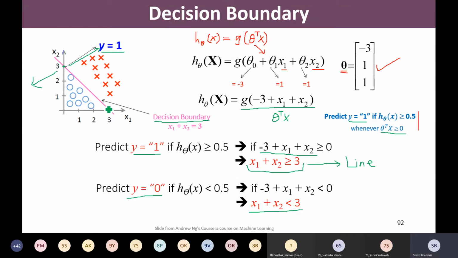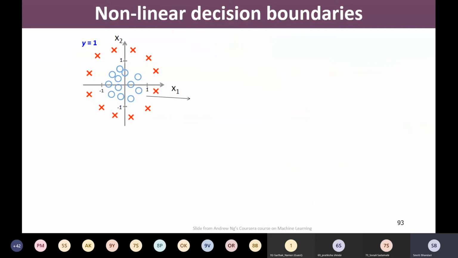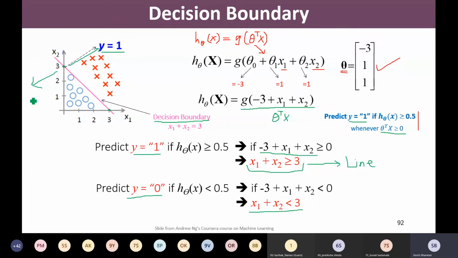So this line is our decision boundary. Towards one side of my decision boundary, I am having samples with class label y equal to 1, and towards the other side I'll be having samples with class label y equal to 0. So this is how we may interpret this hypothesis.